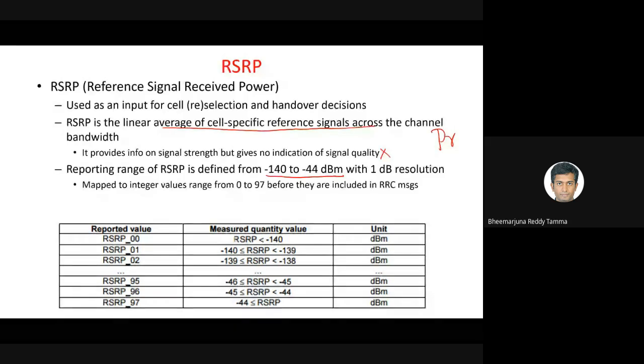Rather than transmitting the RSRP value to the base station, the user equipment does something very smart, basically to reduce the signaling overhead. It maps this entire scale from -140 to -44 dBm to the range of 0 to 97, integer values, so 98 values. But again, you don't transmit even all of them. So see the mapping between the RSRP and the power received. So this is the power received.